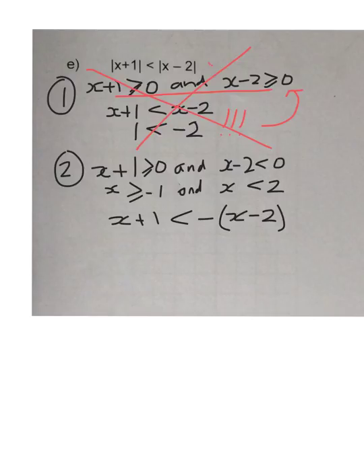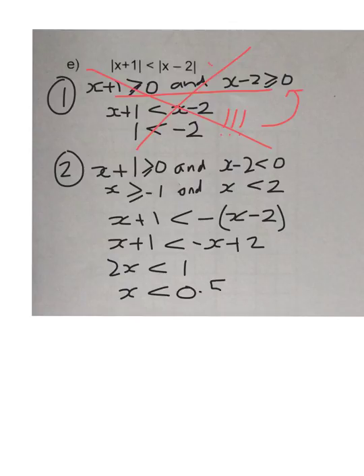Let's just solve this. So we've got x plus 1 is less than negative x plus 2. That means that 2x is less than 1, which means x is less than 0.5. Okay, interesting.